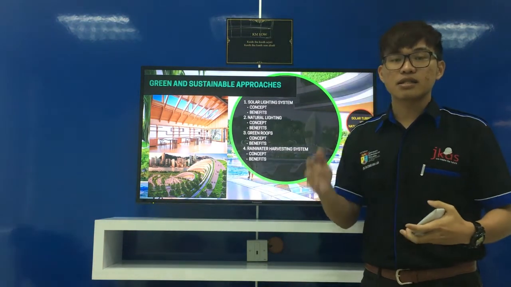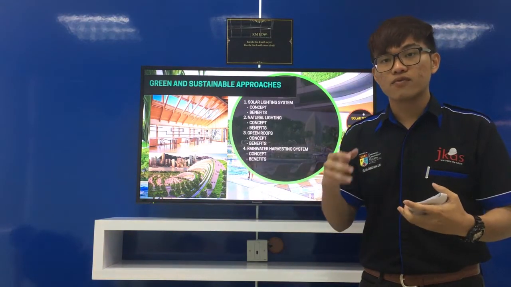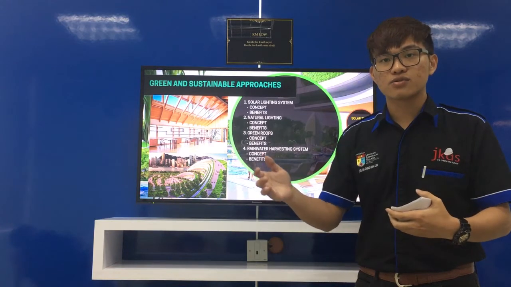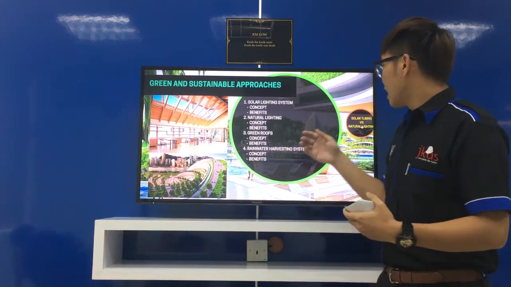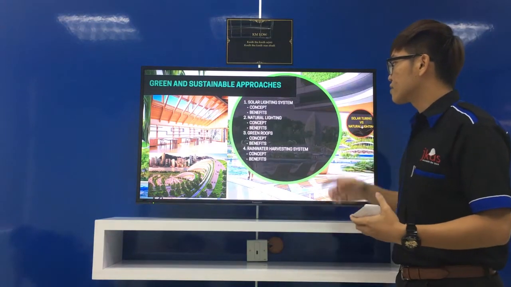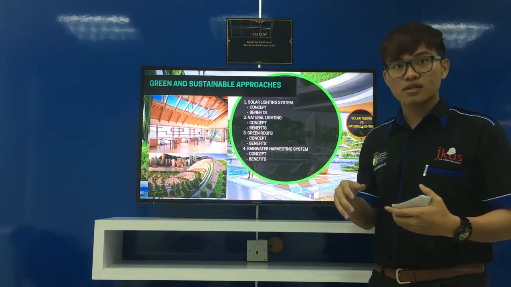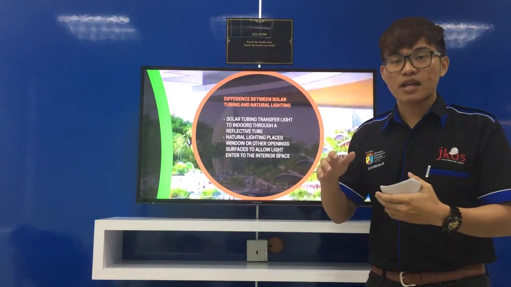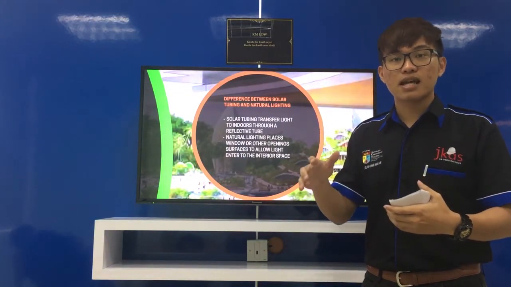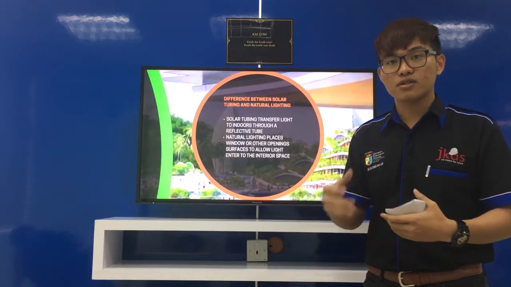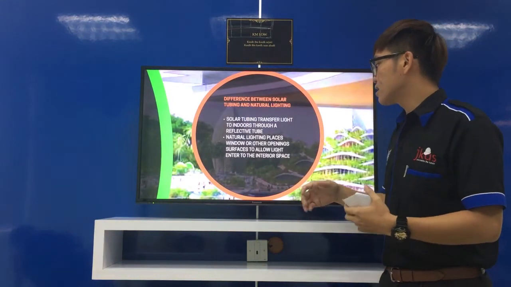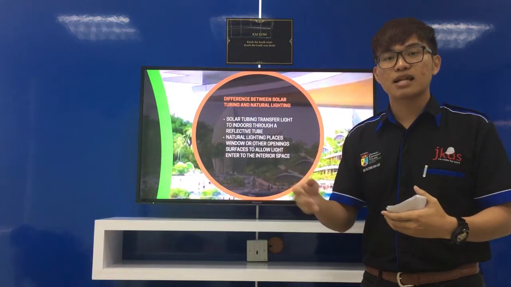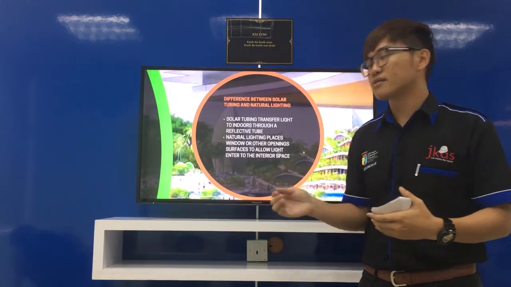The natural lighting system is a system that places windows or other opening surfaces to allow the sunlight to enter the interior space. I hope you guys won't be confused about the solar lighting system and the natural lighting system. The solar tubing system transfers the sunlight by using a medium, which is the reflective tube, while the natural lighting system directly allows the sunlight to enter the interior space.